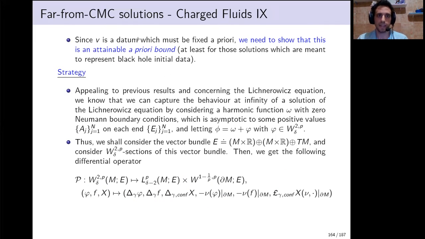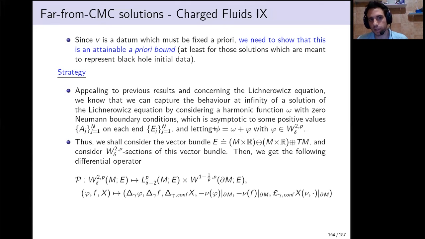Good. And since V is a datum, part of our task is going to be to guarantee this a priori bound. And the strategy here is quite similar to ideas that we have been discussing in simpler situations. So using certain intuitions that we have from the analysis of the Lichnerowicz equation, first we are going to rewrite the Lichnerowicz equation for this curly phi, where this curly phi belongs to a weighted space that decays at infinity.